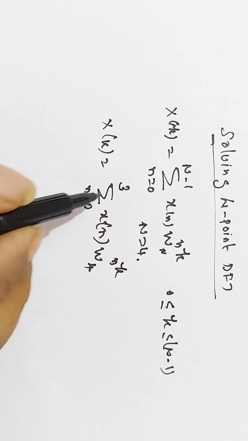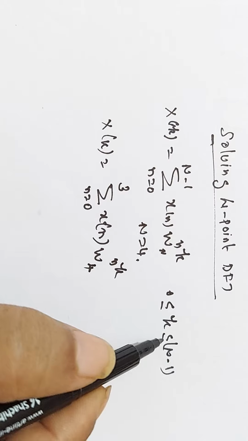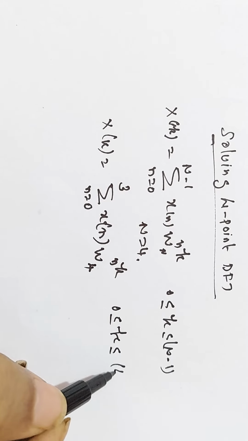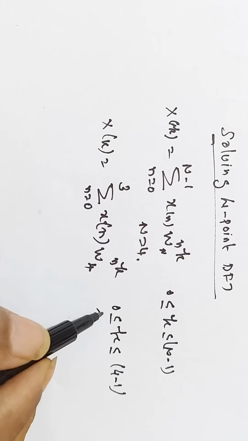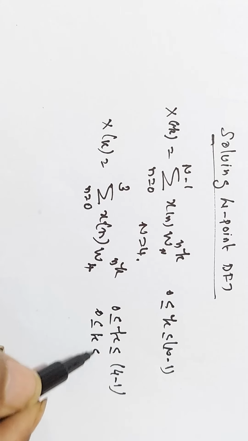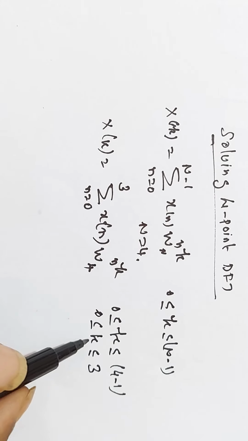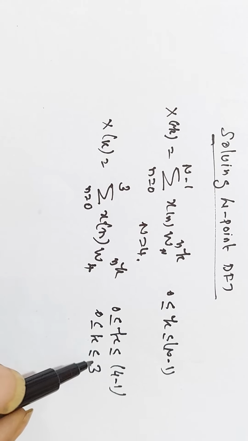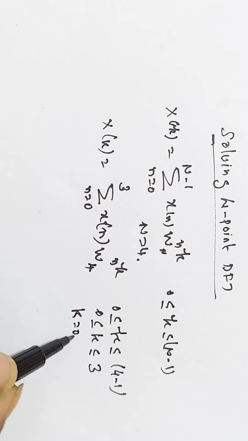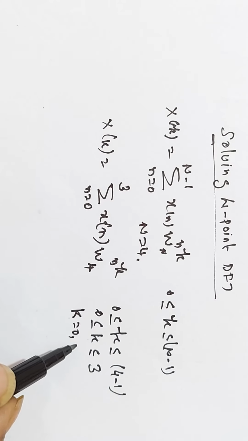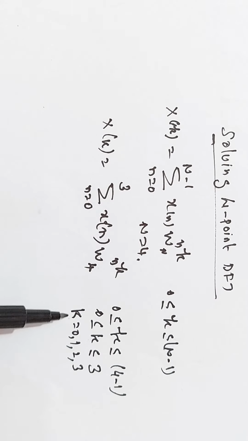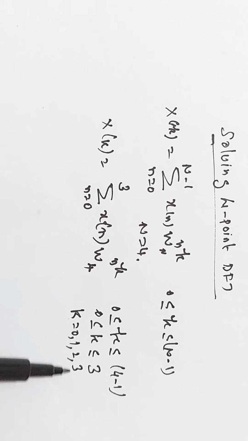For 4-point DFT, what are the values of k? 0 is less than or equal to k less than or equal to 4 minus 1. That is 0 is less than or equal to k less than or equal to 3. That is k can have 4 values, 0, 1, 2 and 3. Now substitute k equals 0, 1, 2, 3 in this equation.